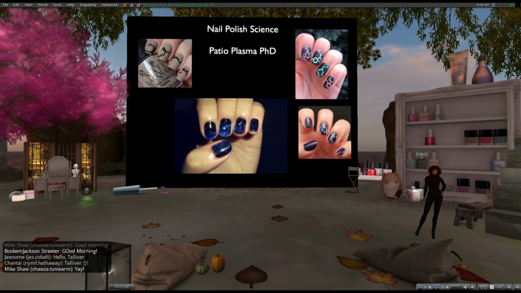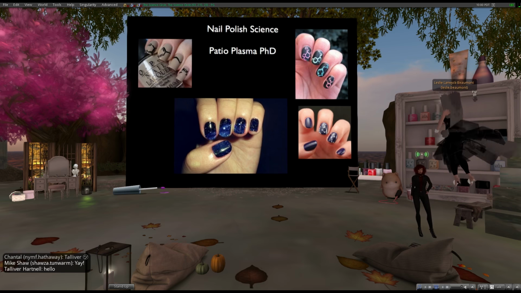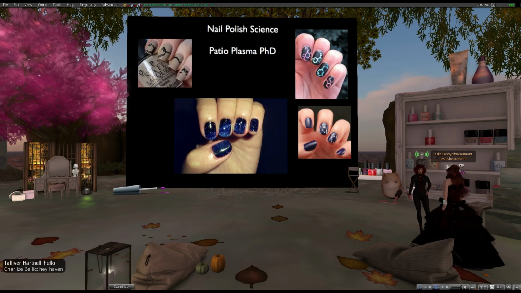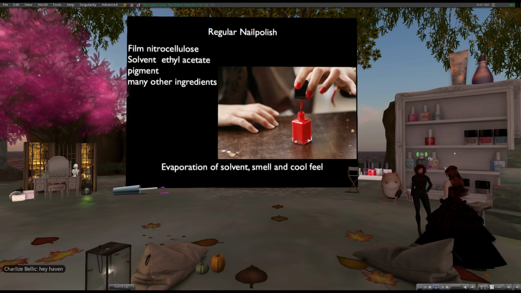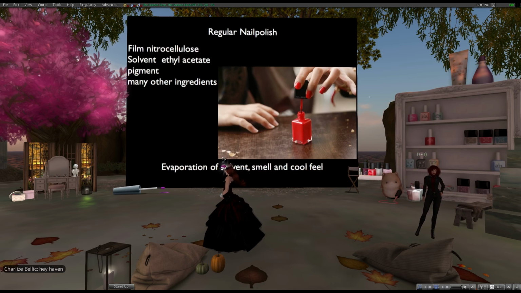I start out here giving you some inspiration of where women and men paint their nails, with a little bit of chemistry and astronomy. But that's not the science I'm talking about. What I was thinking about was the actual chemistry of some of the different nail polishes.